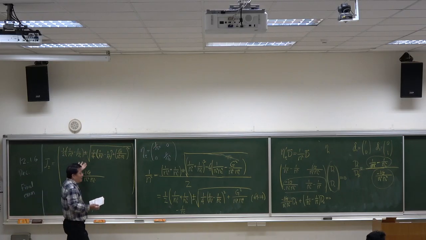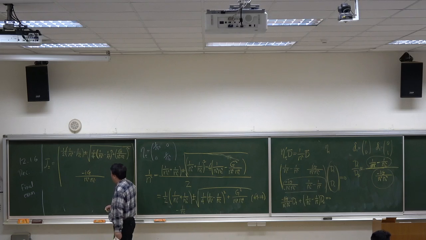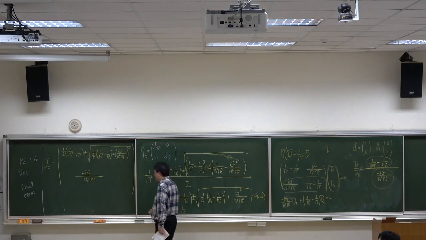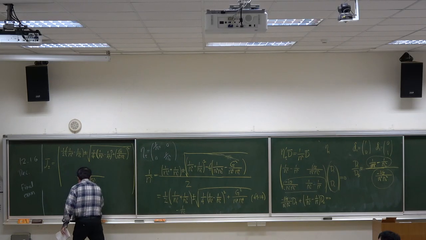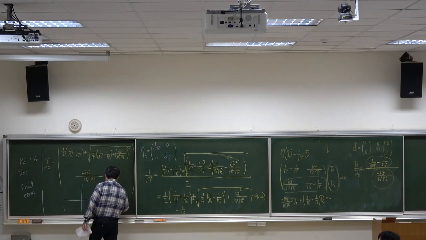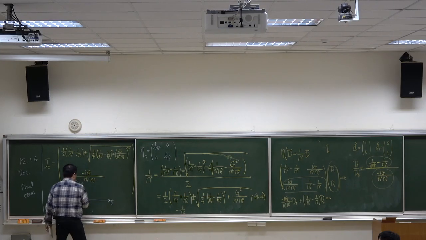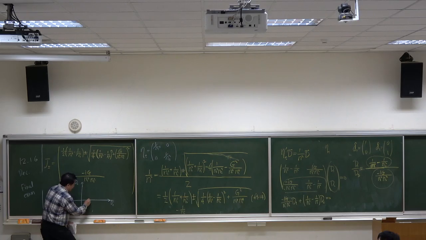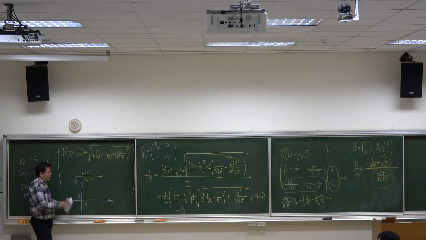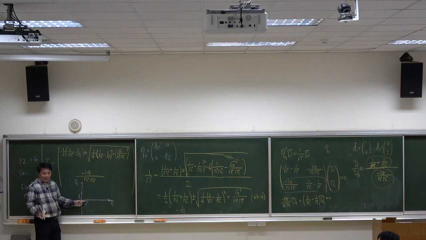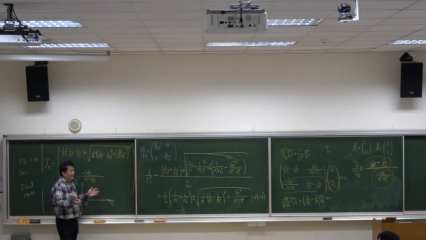That is to say, originally it was like this. This direction is the D1 direction, and this direction is the D2 direction. Okay. Before we turn on this optical activity, the light polarized along D1 or D2 is linearly polarized.